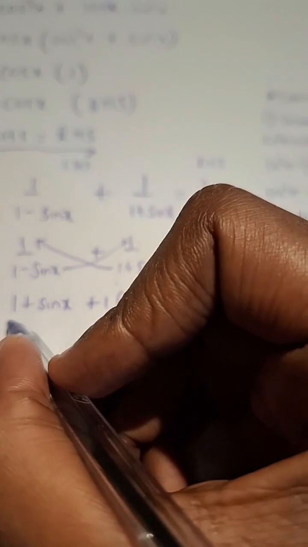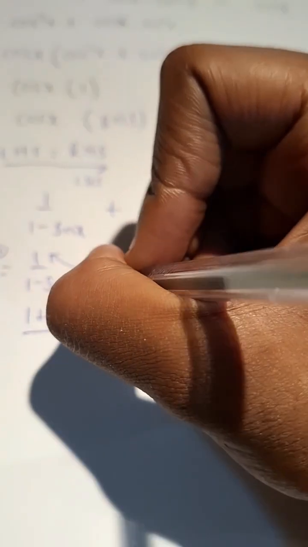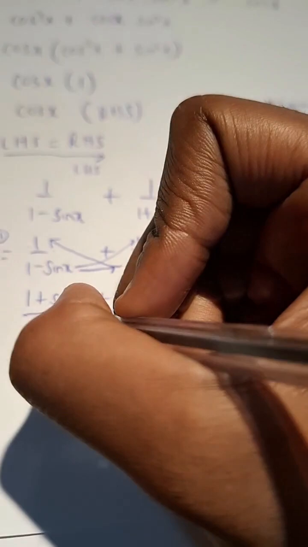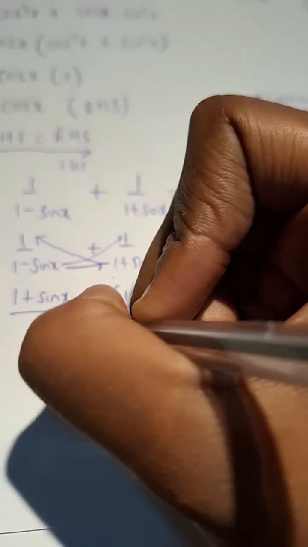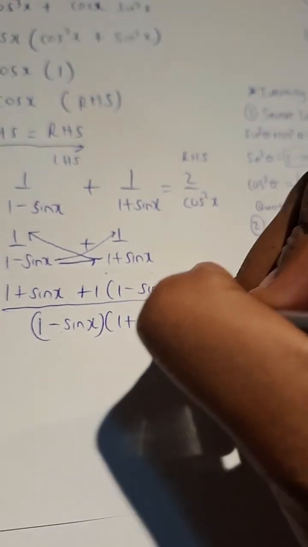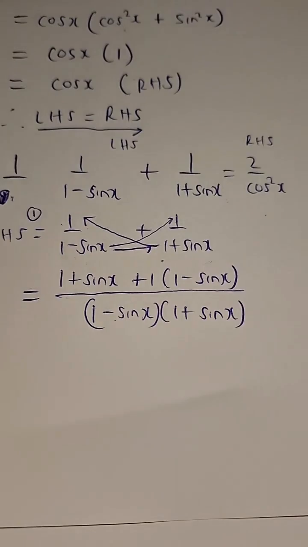And then your LCD, you multiply the two denominators for your LCD. So you have 1 minus sine x into 1 plus sine x. And that has completed your addition of the two fractions.